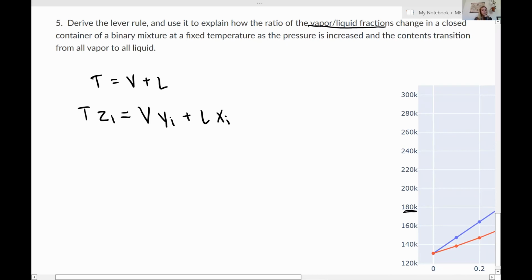So to do that, we can make a substitution of our total flow rate of our feed, so we'll have V plus L in substitution for our T. And we can go ahead and distribute that Zi as well. So we'll have V Zi plus L Zi equal to our V yi plus L xi.